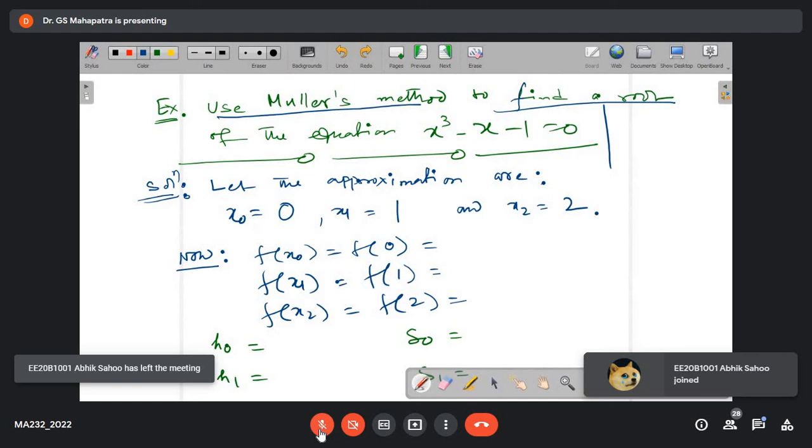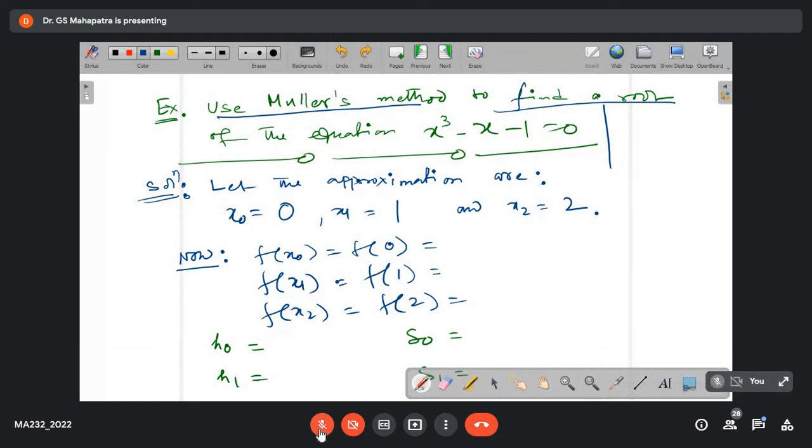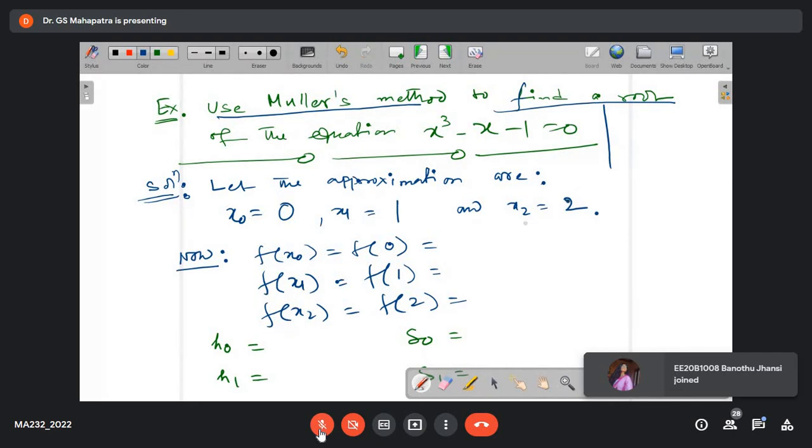Can you tell what are the other fundamental differences? At least one difference is there. That is actually a very important difference.